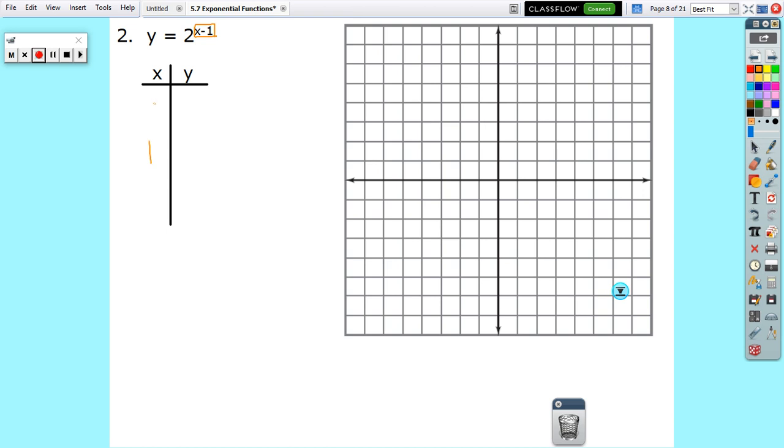Then we want to take one number before our balance point and one number after our balance point. So if we put 0 in, you would get 2 to the 0 minus 1 power, which is 2 to the -1. And we don't like negative exponents, so we do the reciprocal, which is the same thing as 1/2.